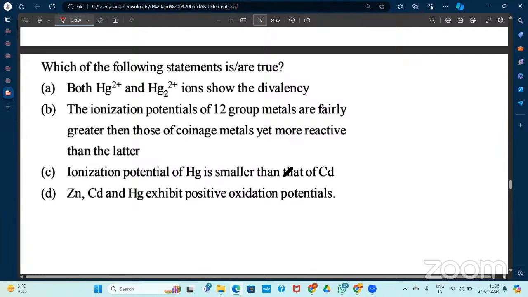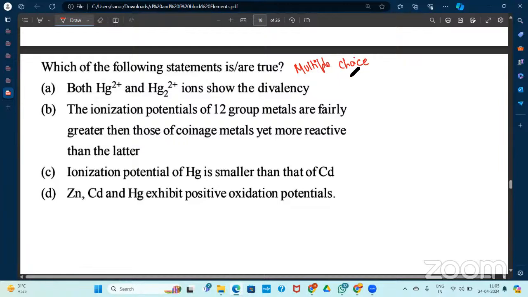Ionization potential of mercury is smaller than that of cadmium. Zinc, cadmium, and mercury exhibit positive oxidation potential. Which of the following statements are true? So it is a multiple choice correct.